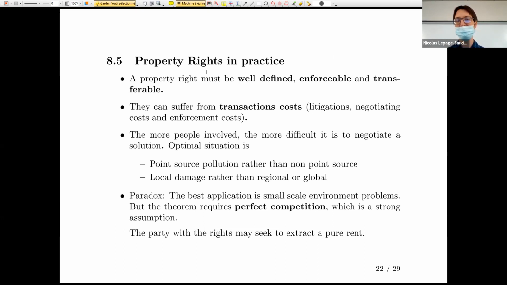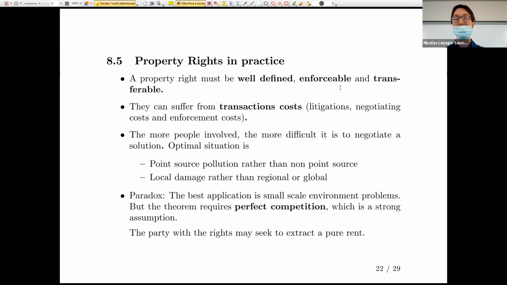So in practice, what may happen? Well, the rights must be well defined, of course. If it's not well defined, then you just go to court and argue forever. So that's bad. It must be clear who has the right to what. They must be enforceable.